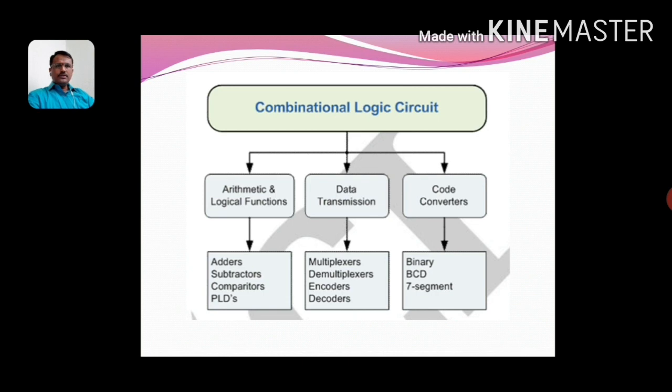We already learned these combinational logic circuits. For example, under arithmetic logical circuits: adders, meaning half adder and full adder, subtractors, meaning half subtractor and full subtractor, comparators and programmable logic devices. Data transmission: multiplexers, demultiplexers, encoders and decoders.